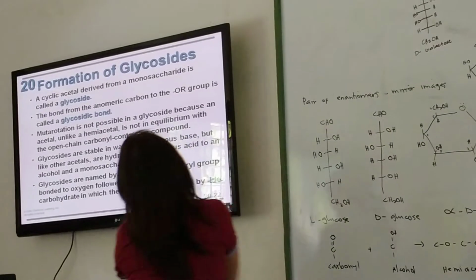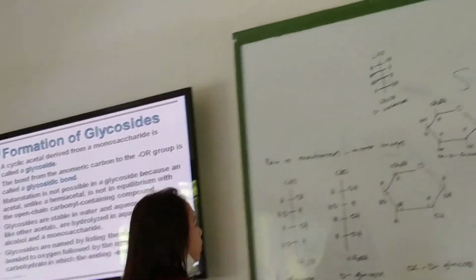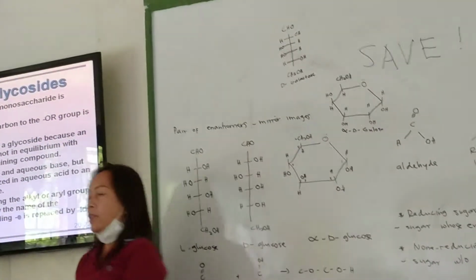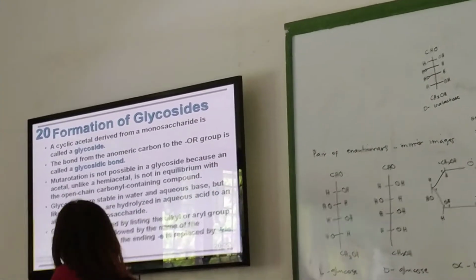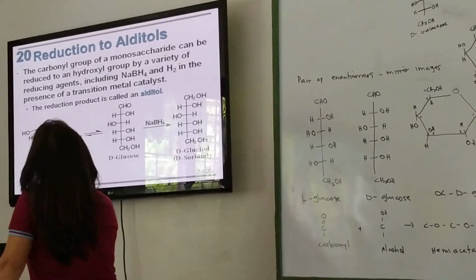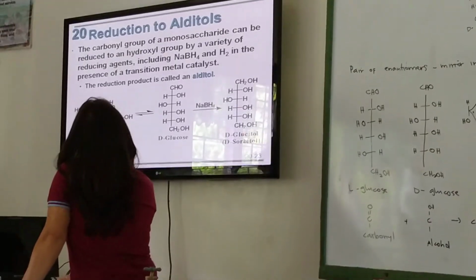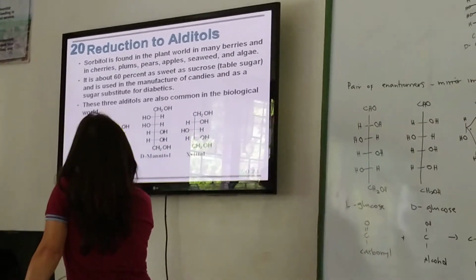The bond from the anomeric carbon to the OR group of another molecule. That's where the glycosidic bond is formed. Okay. Reduction. So reduction.